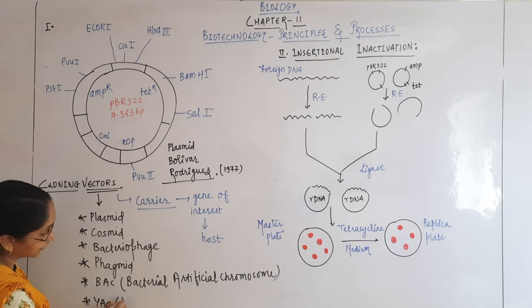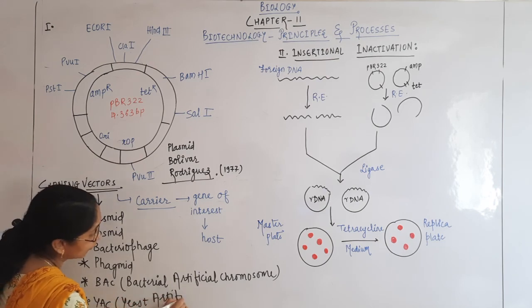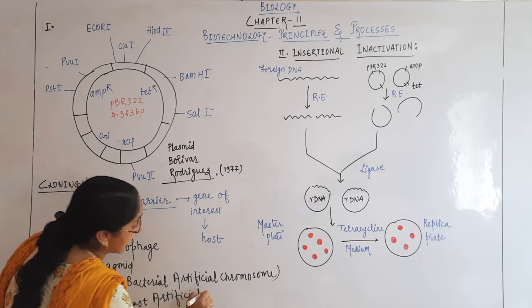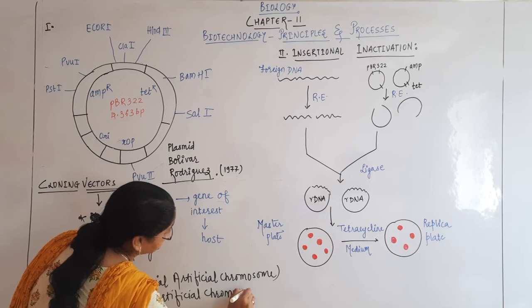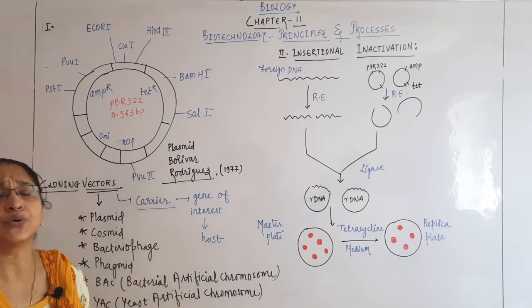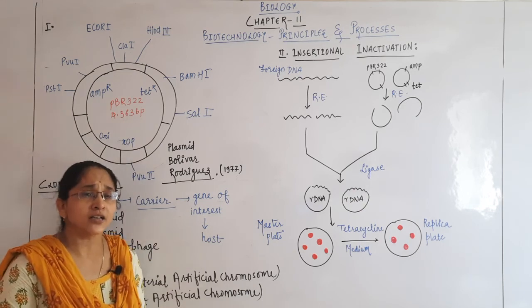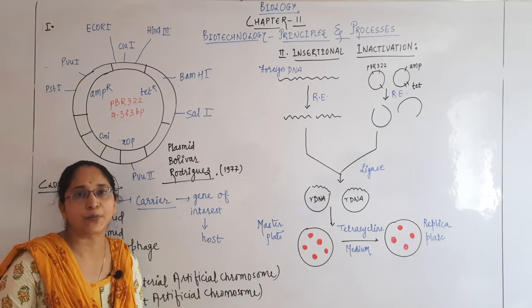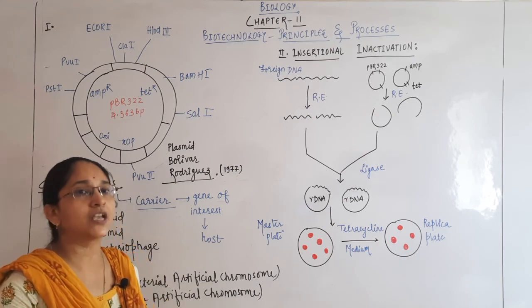These are the artificially prepared cloning vehicles. And why do we need these artificially prepared cloning vehicles? So that we can incorporate larger size foreign DNA of our interest into the cloning vehicle.